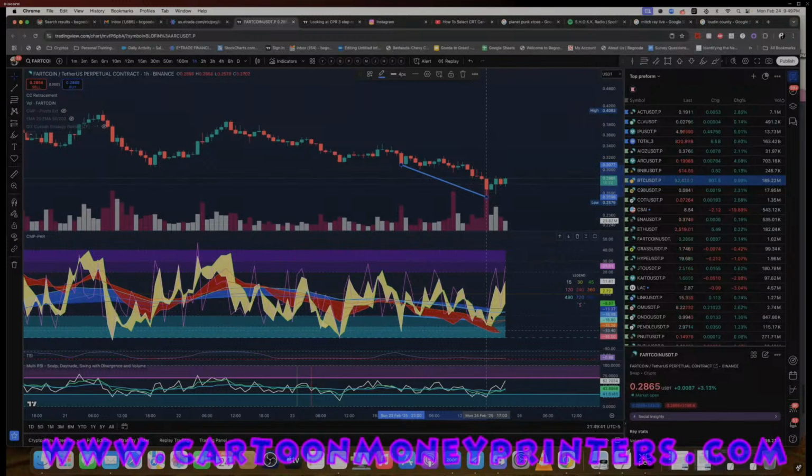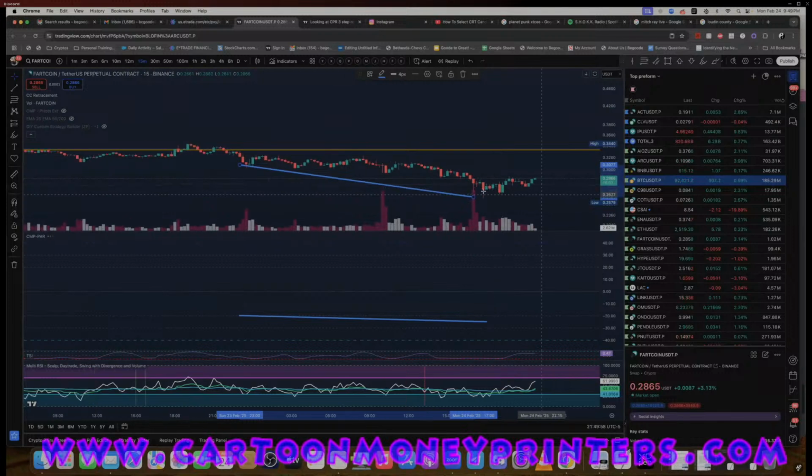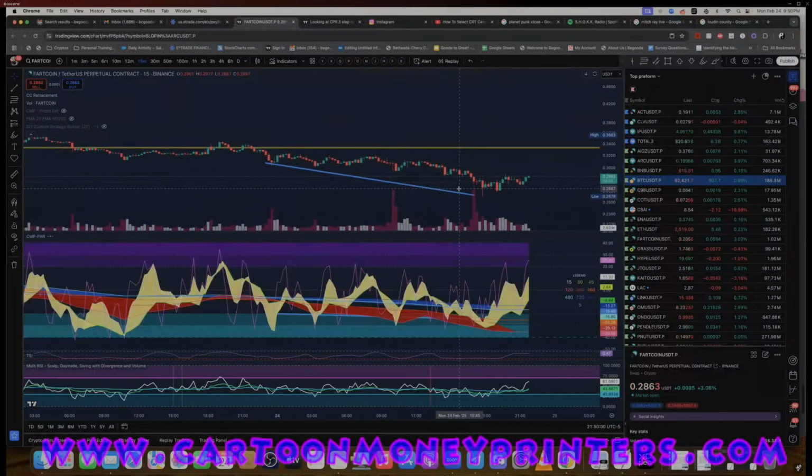It made a nice sharp turn and confirmed the turn. If they make a sharp turn and then just roll over, that's no good. But this has had, I mean, this is 4 hours of candles already. So let me go to the 15 minutes so we can see it a little bit closer.